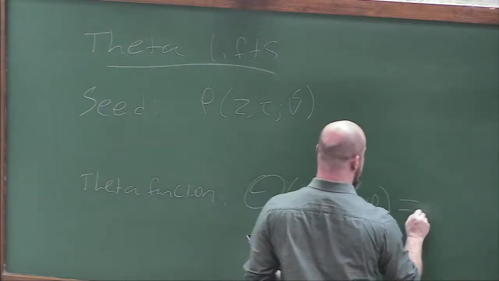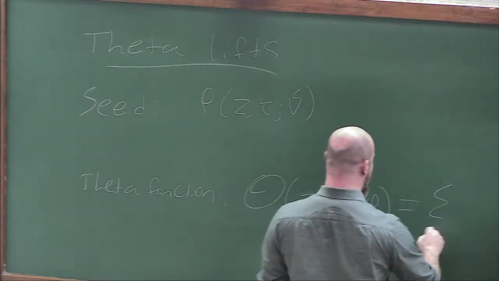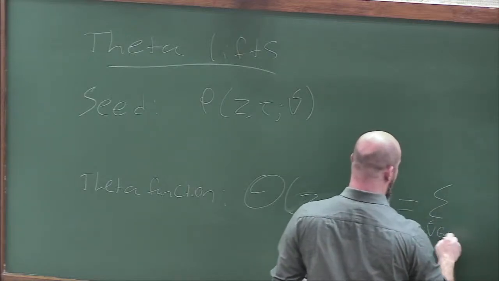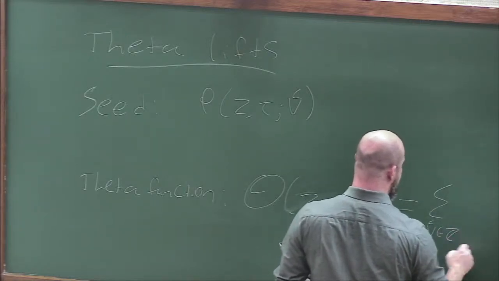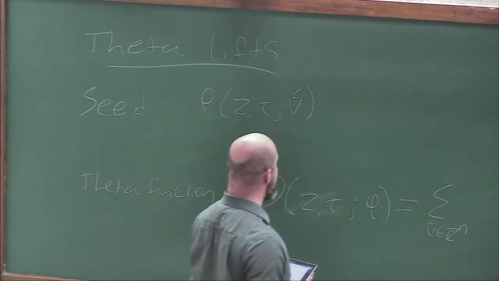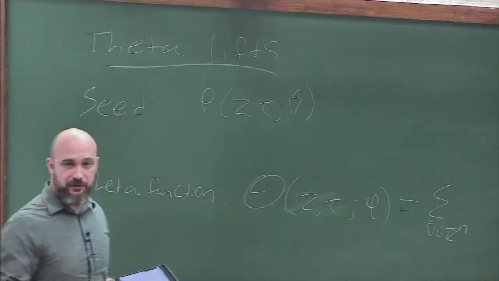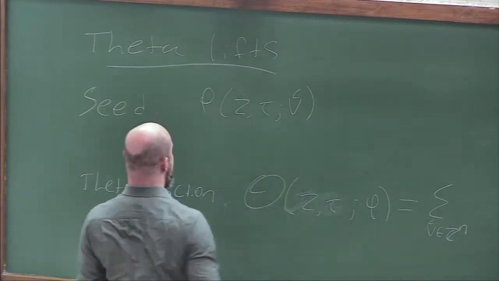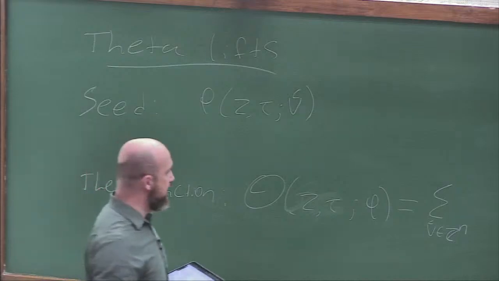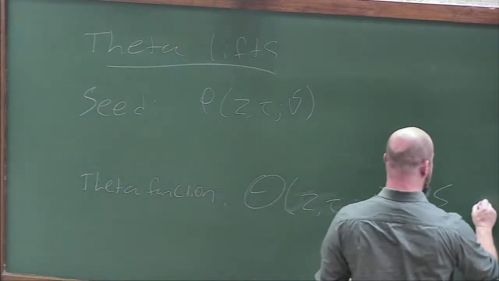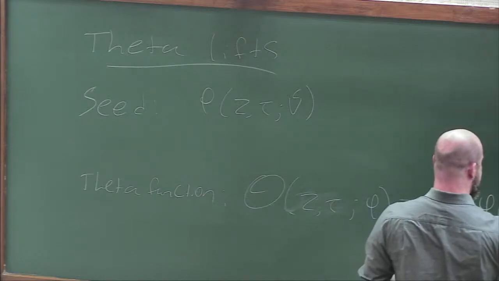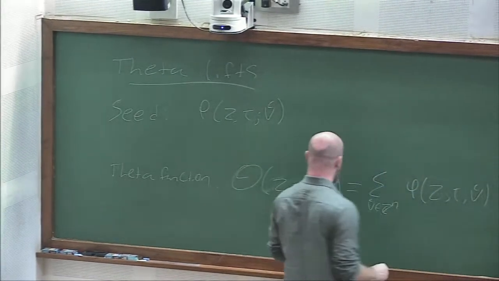And this is just going to be defined as the sum over our lattice points. For our purposes here, we'll assume that our lattice is Z^n for some choice of n. If I have any general lattice, I can always turn this into Z^n, and then maybe I just have to adjust my function phi by some matrix. And then I'm just going to put the sum over here, phi of z, tau, my vector v.